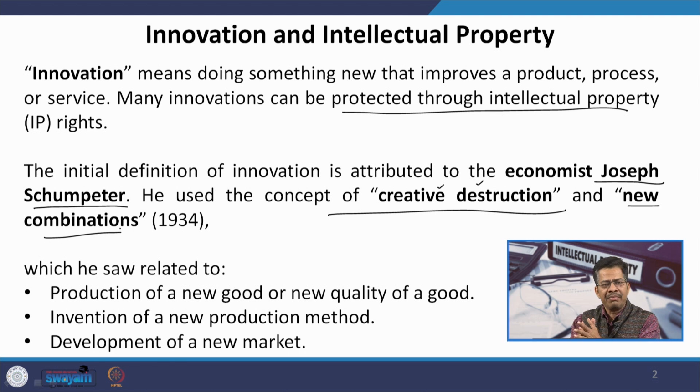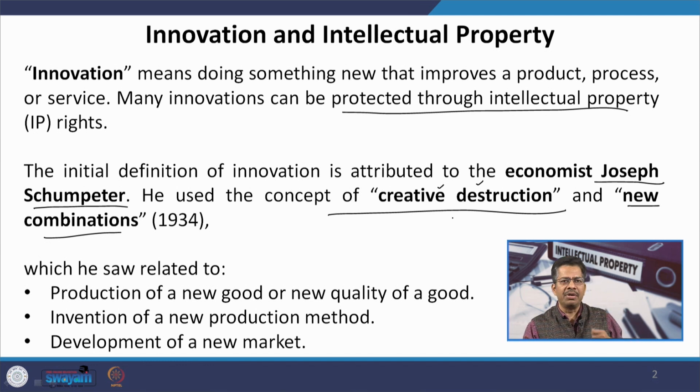A large number of devices, like the mobile phone, are a good example of how we have combined a camera, which is a separate product, music systems, which are a separate product, a digital diary, and a book reader. So many different types of combinations we have created in this new product known as smart mobile. So, in the present environment, we are using both these theories, creative destruction as well as new combination, to propel the idea of innovation.